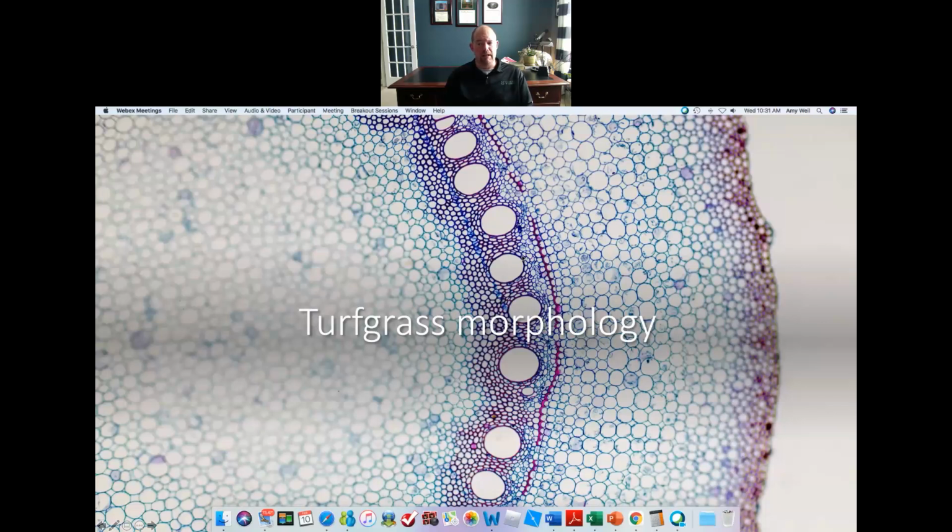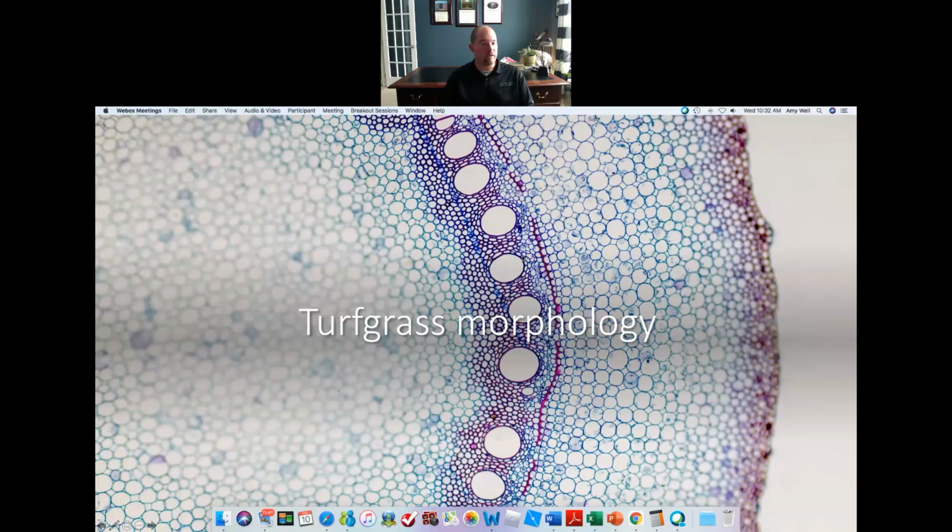And if you remember from our last session, we were talking a little bit about morphology in the sense of the C3 versus the C4. But morphology is the study of basically the appearance of things. So when we're looking at morphology, we're looking at the physical characteristics, and if you remember from the other section, we also talked about phenotype.